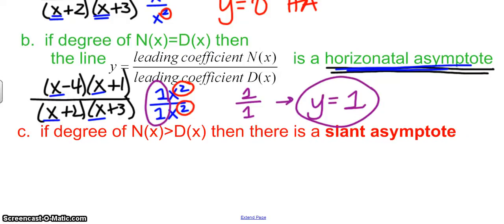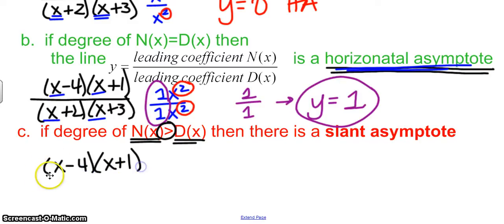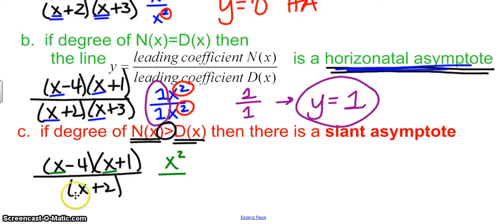The last situation is what happens if your numerator has a higher degree than your denominator, so it's greater than. So let's say this was x minus 4 and x plus 1 over x plus 2. Well, now these ones multiplied together are going to give me x squared. This one is just x to the first.